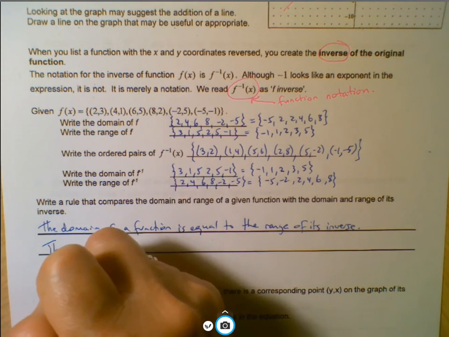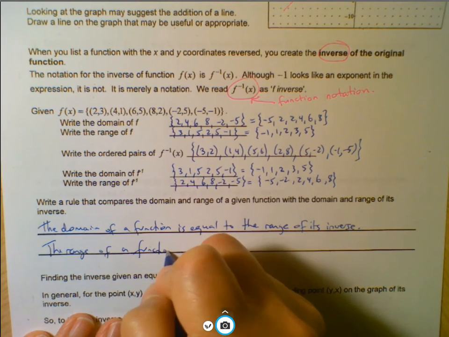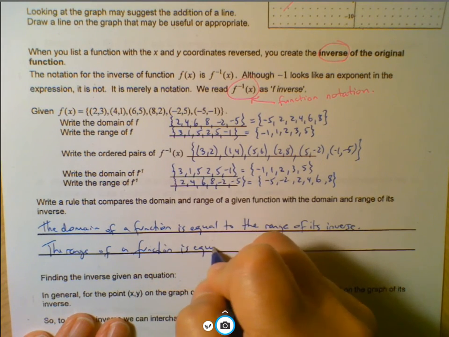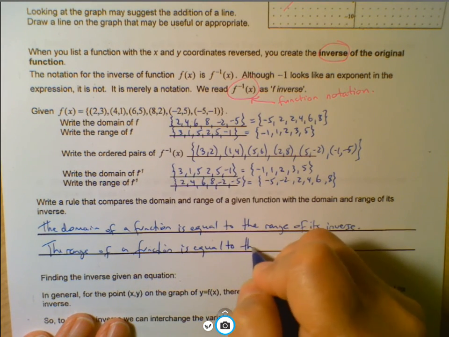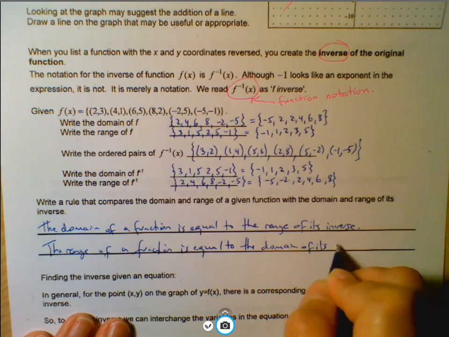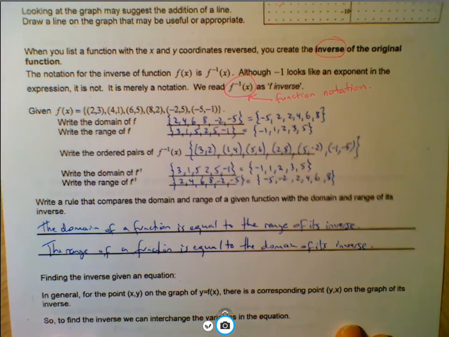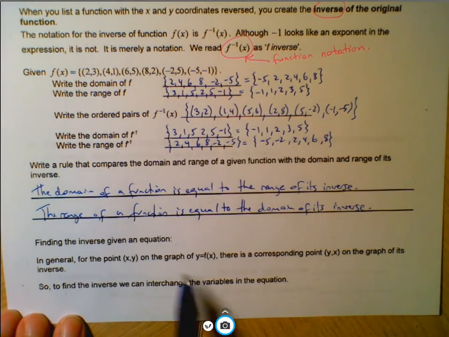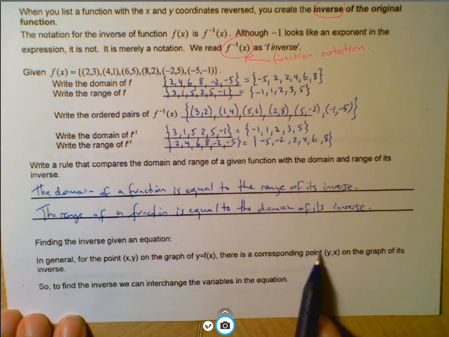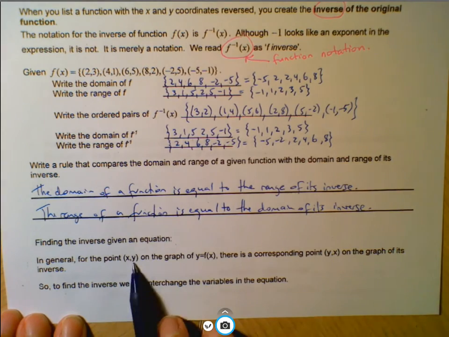And the range of a function is equal to the domain of its inverse. Okay, so range and domain, they swap. All right, so that's all the inverse is. It's swapping, so taking any point x, y, and creating the point y, x, swapping the x and y.